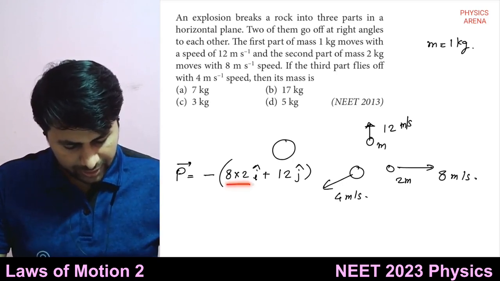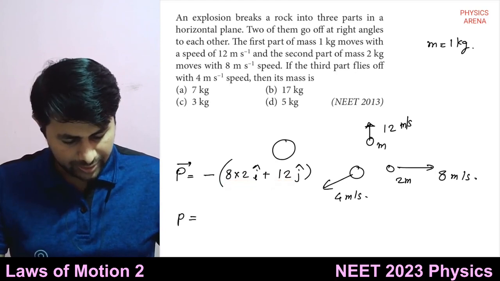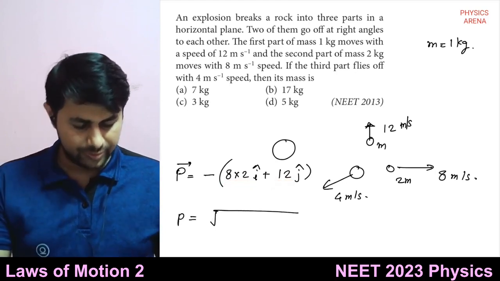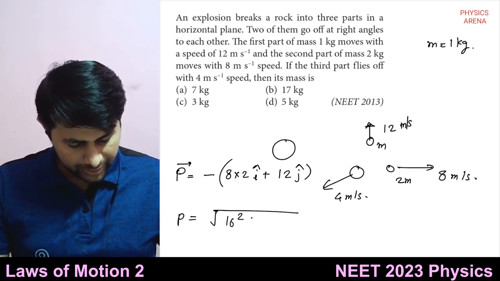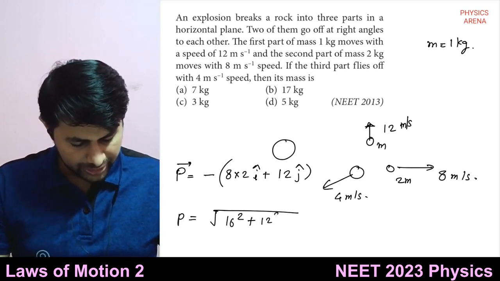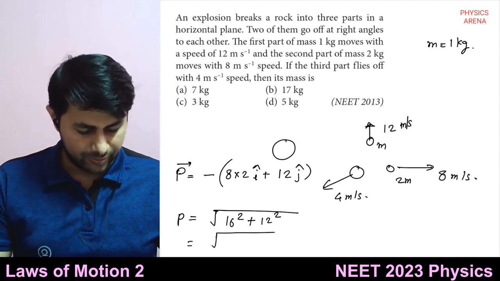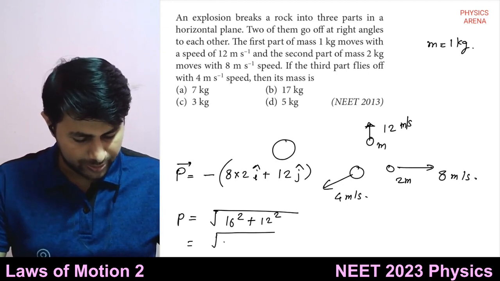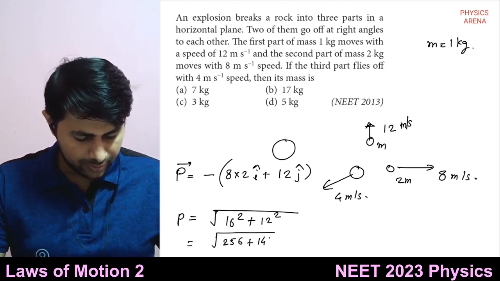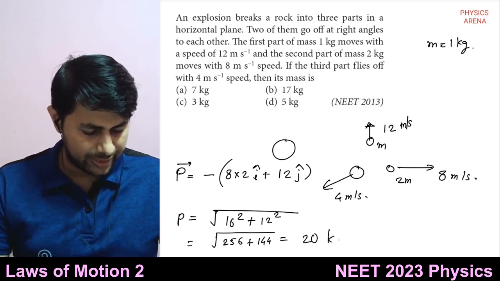This is 16, this is 12. So the magnitude of P is the square root of 16 squared plus 12 squared, 256 plus 144. The square root of 400 is 20 kg meters per second.